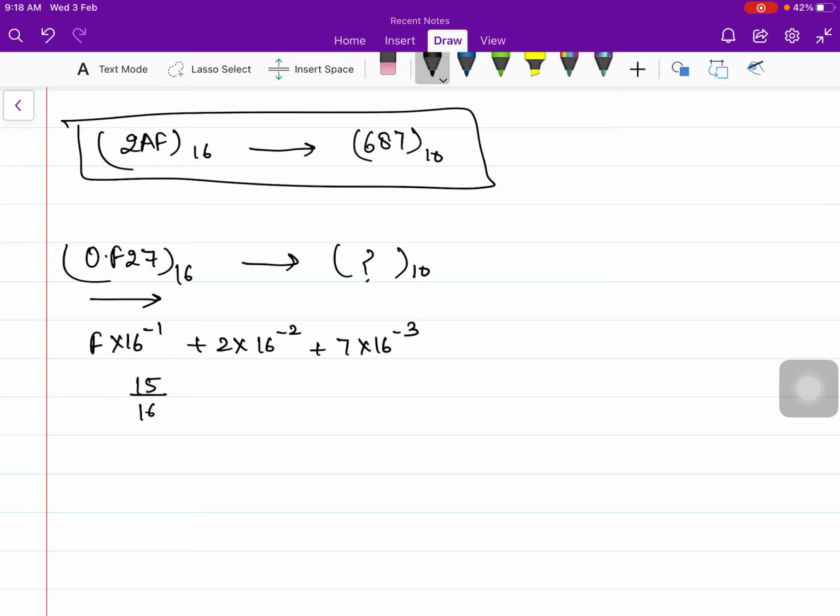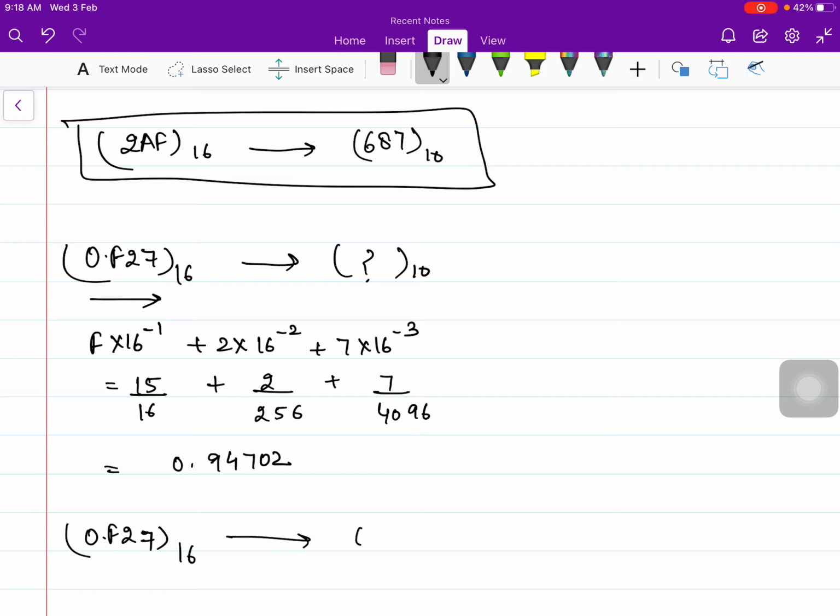So 15 by 16 plus 2 upon 256 and plus 7 upon 4096. When you solve it, you will get 0.94702. So the answer is .F27 in hexadecimal will give you 0.94702 in decimal.